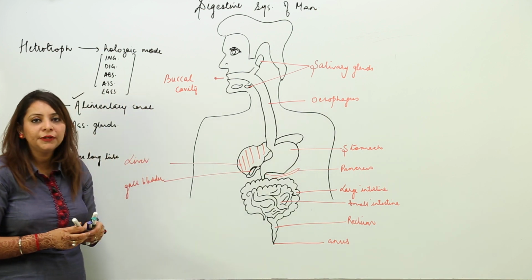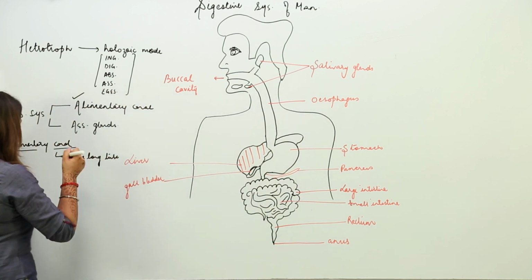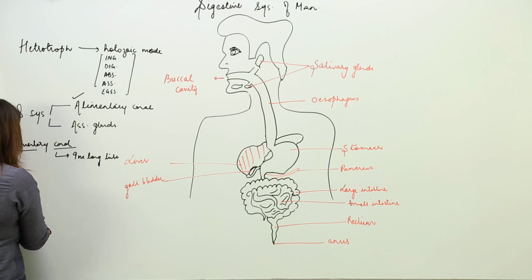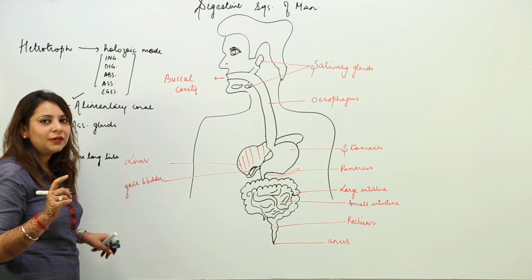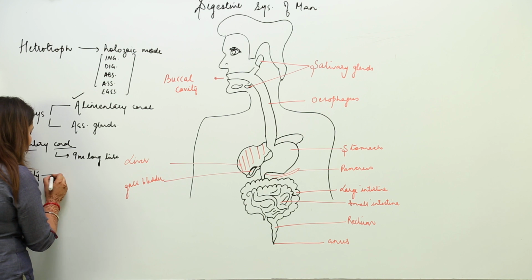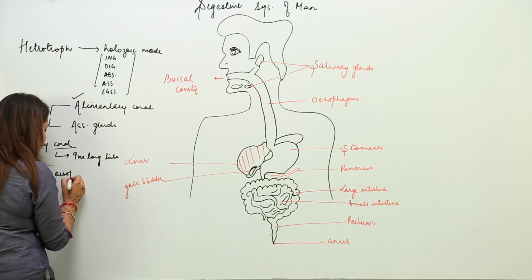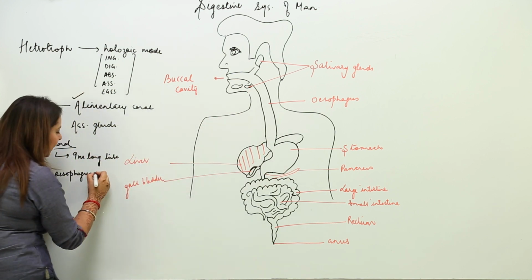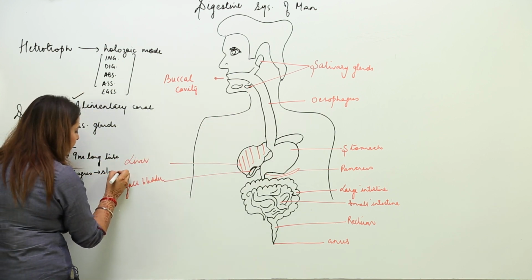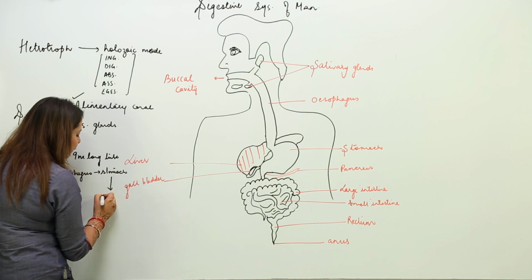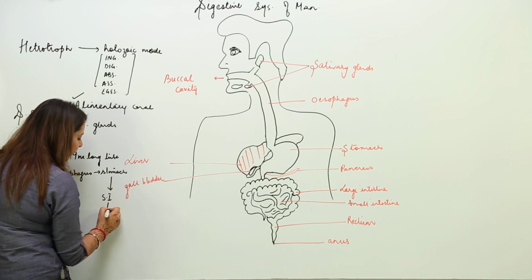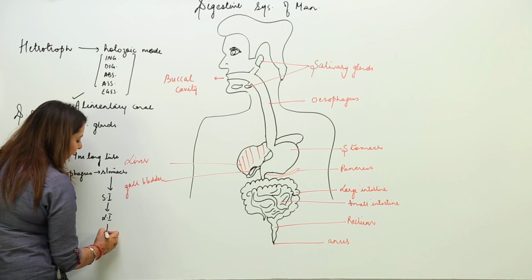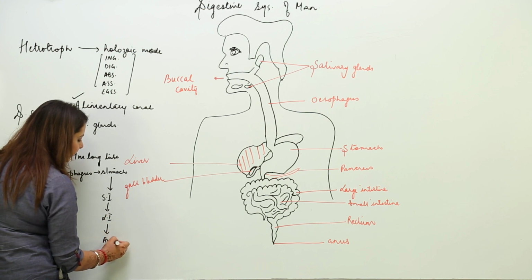So I am just going to sum up the organs in order. First we have the buccal cavity. We call mouth the buccal cavity. The technical term which is used for the mouth is the buccal cavity. It leads into an esophagus, this pipe, which further leads into stomach, which further leads into small intestine, which further leads into large intestine, and finally we have the anus.